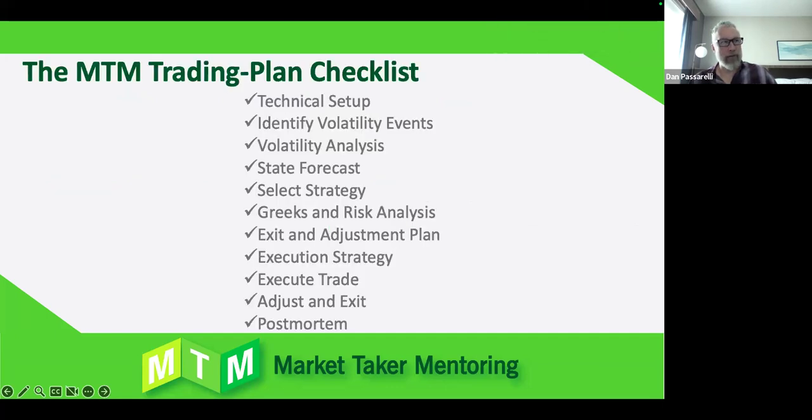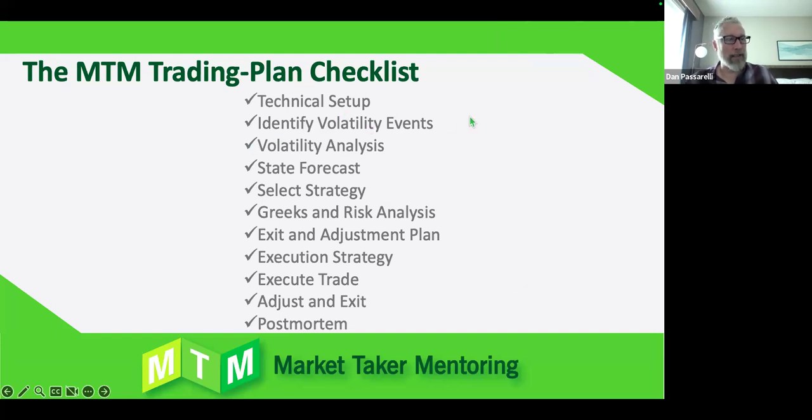Okay. How and when do I trade these? Well, here's what we're going to use. We're going to use what I like to call the MTM trading plan checklist. The trading plan checklist is when I use technical analysis, volatility analysis, and fundamental analysis. That's the first three steps here.